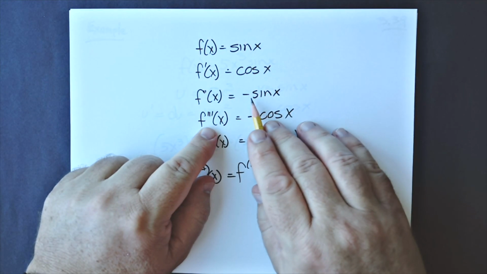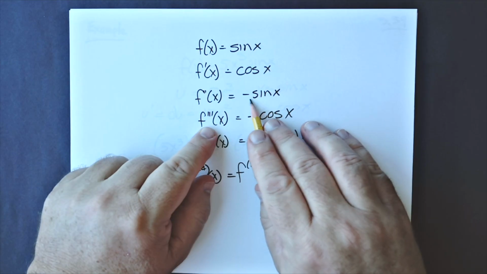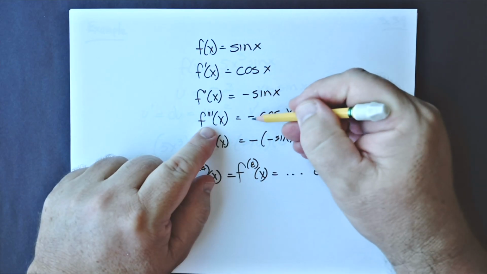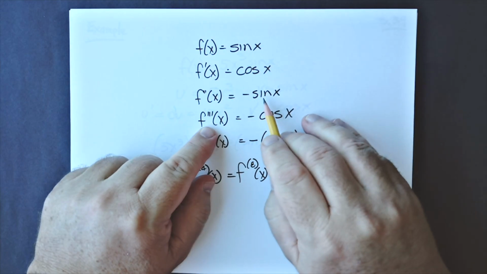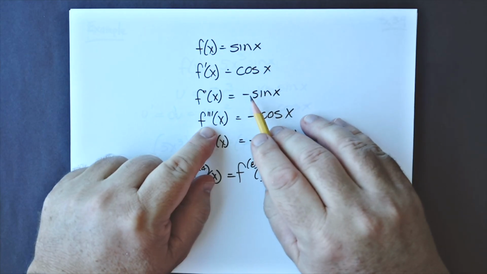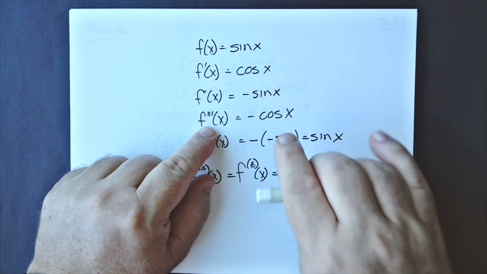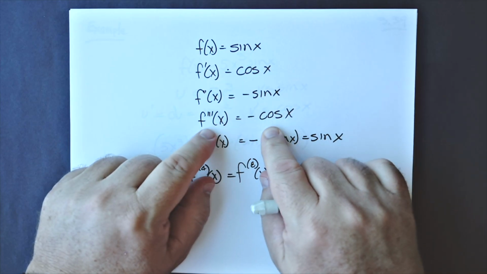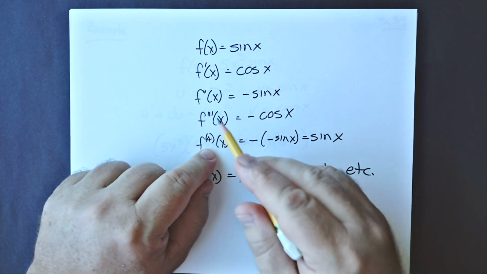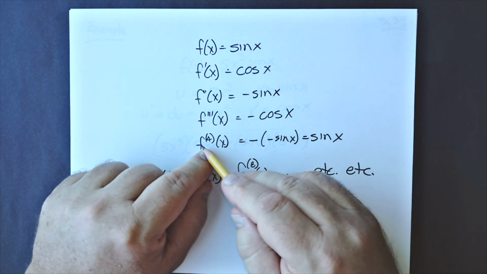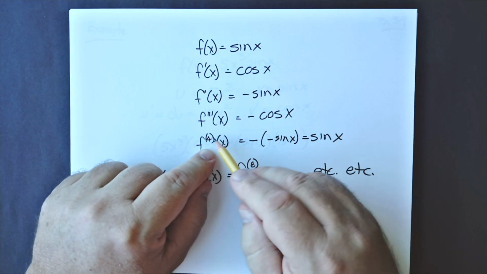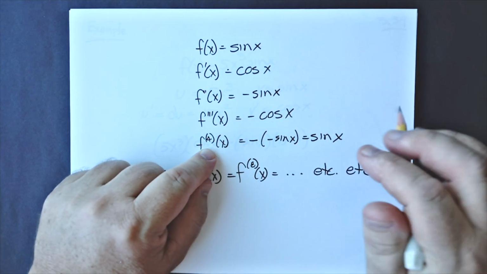Well, the derivative of the negative sine, the negative sign comes down, because it's -1, right? So it's that constant multiple rule. And the derivative of the sine is the cosine. So now I have the negative cosine. That's the third derivative. If you take the fourth derivative, I'm just writing it this way, f to the 4 of x. It's not to the fourth power. It's the fourth derivative of x.